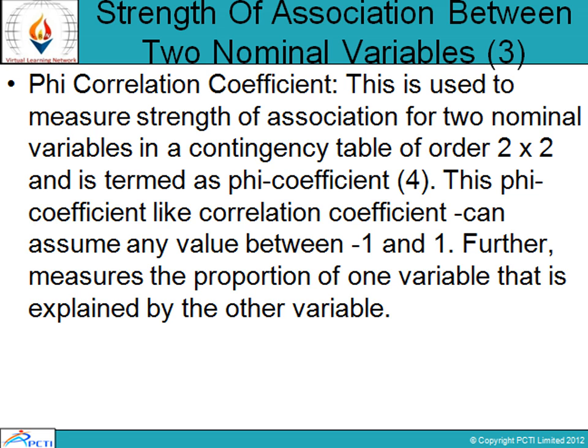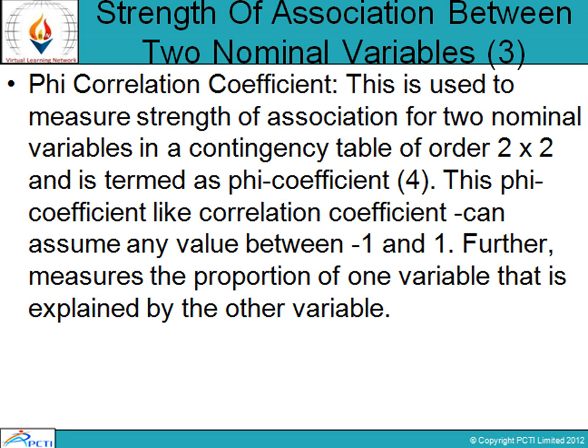When we discuss the phi correlation coefficient, this is basically used to measure the strength of association for two nominal variables in a contingency table where the order is 2 by 2, and it is termed the phi coefficient.